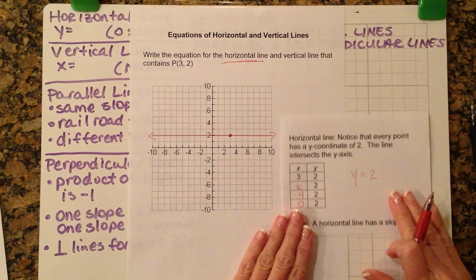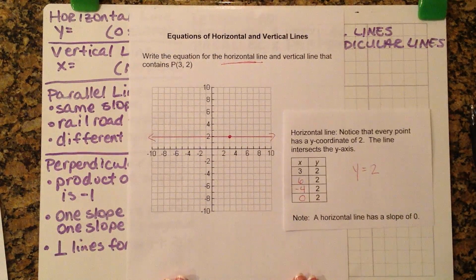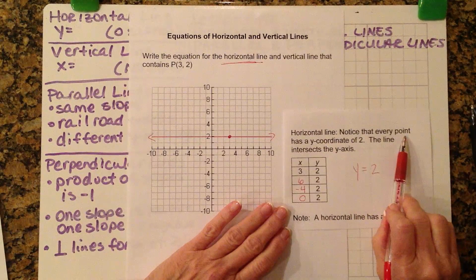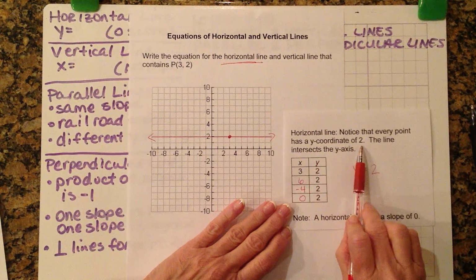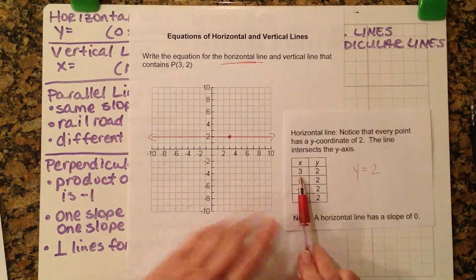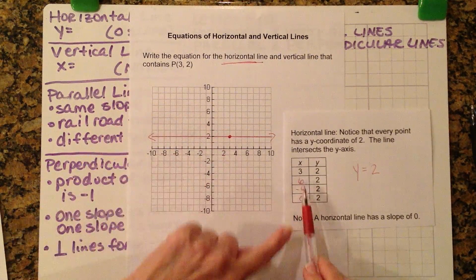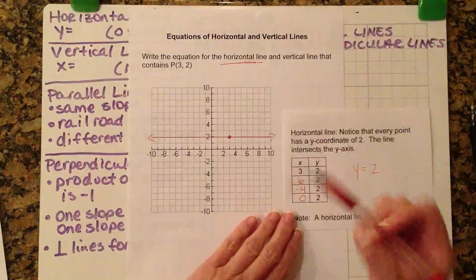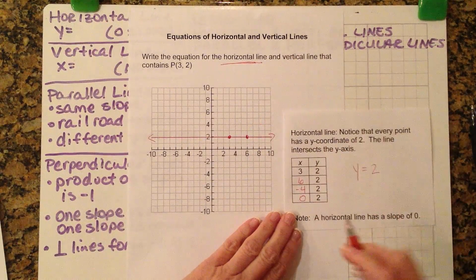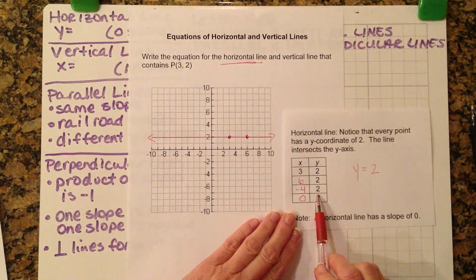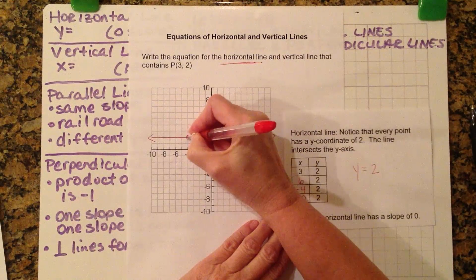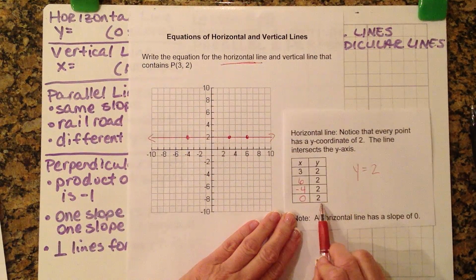So, right here, if I have a horizontal line, notice that every point has a y-coordinate of 2. So, if I graphed 3, 2, I could also graph 6, 2. That would be right there. How about negative 4, 2? How about 0, 2?